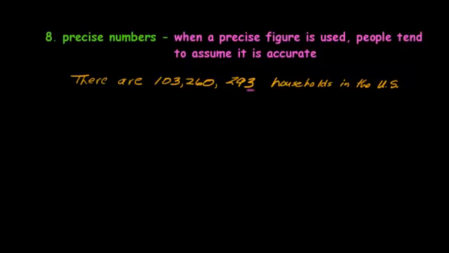That is misleading because most likely they didn't do that. A better way to say this would be that there are approximately 103 million households in the U.S. By implying that they did that, it makes us question the whole study. So you'd want to be leery of any study that used precise numbers like that if it didn't seem possible that they'd really get to that exact number.